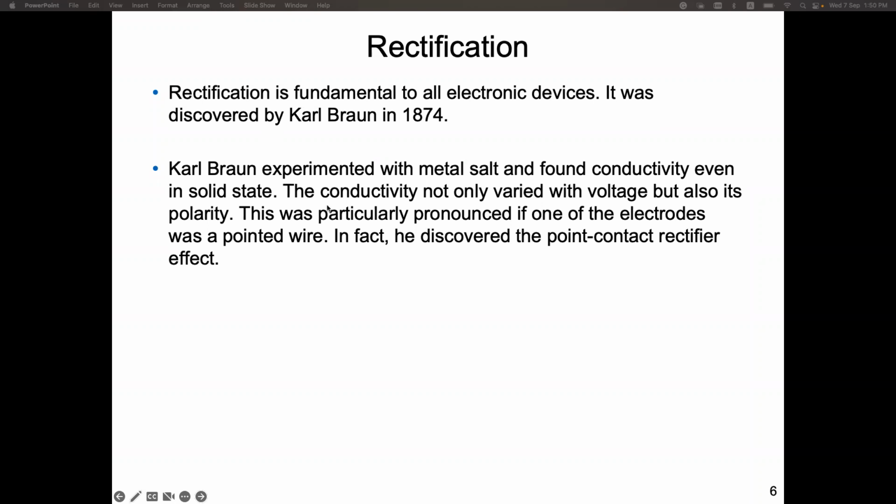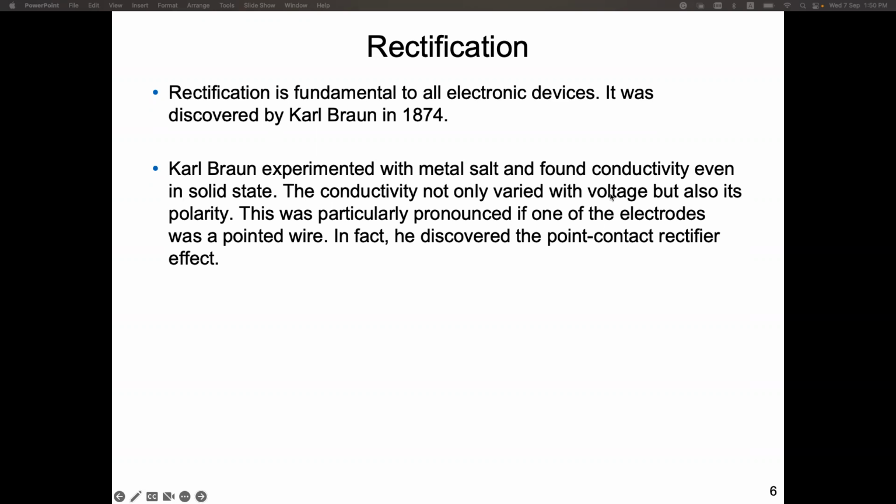So Carl Brown experimented with metal salt and found conductivity for this material in solid state. And the interesting thing he discovered is that the conductivity not only varies with the applied voltage, but also with the polarity.